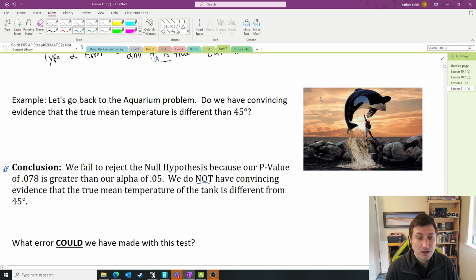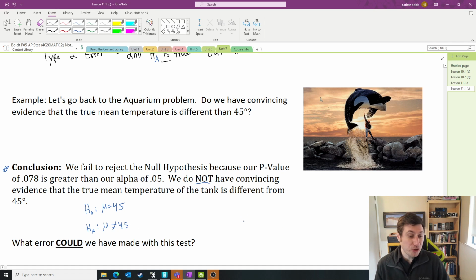We do not have convincing evidence that the true mean temperature of the tank is different from 45 degrees. So remember, our null hypothesis was that the mean was 45, and our alternative is that the mean is not 45.